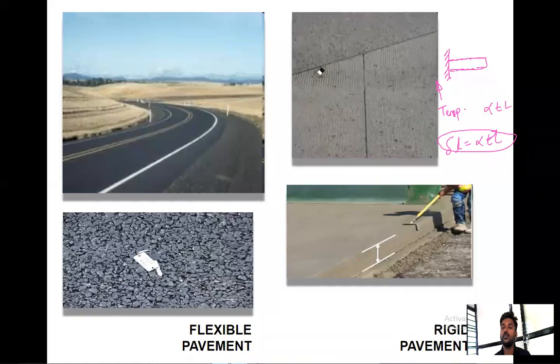Now see what I will do. If I put another constraint on this end, that is, I fix this rod from both sides, what will happen if there is a rise in temperature?